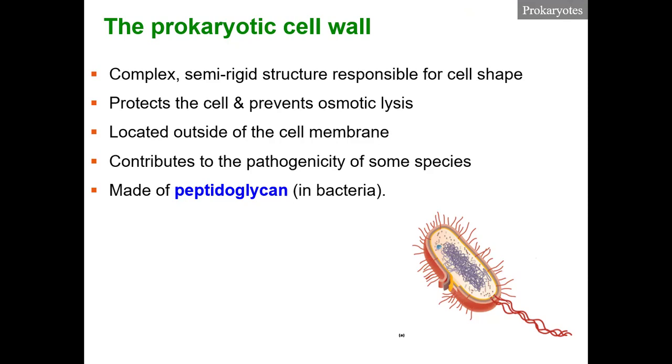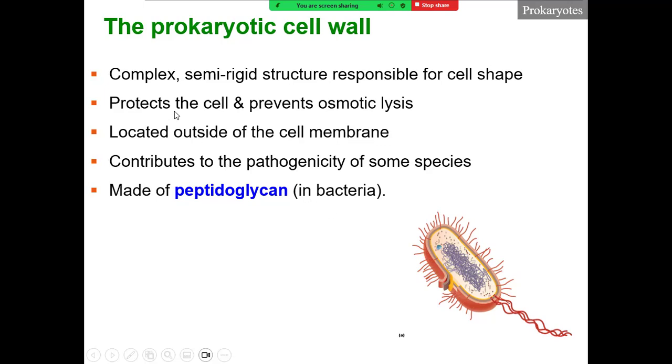Anyways, there's one family that lacks a cell wall, and these cells tend to be pleomorphic, taking on many different shapes. Most bacteria have a cell wall, and that's why most bacteria are monomorphic. They only have one shape.